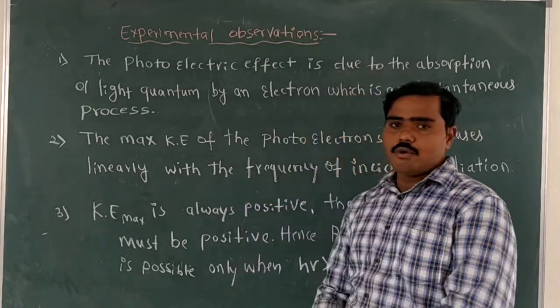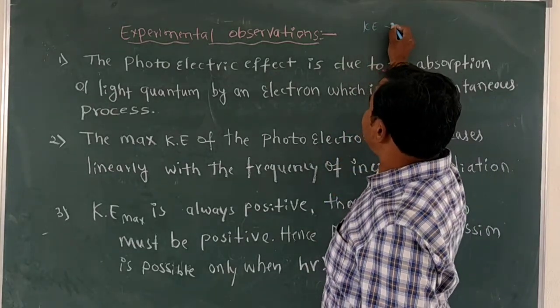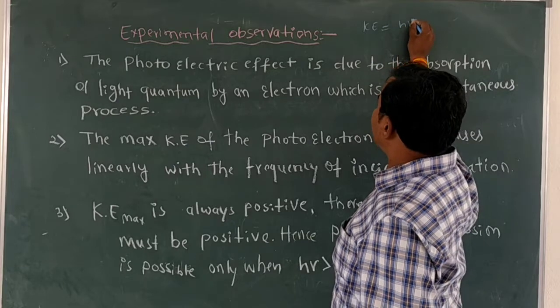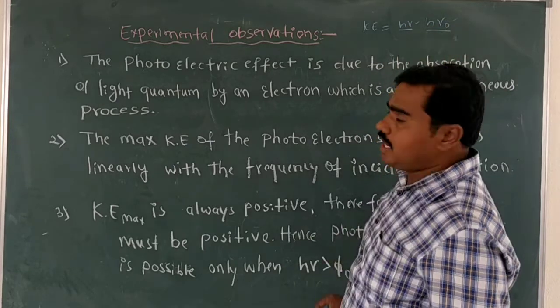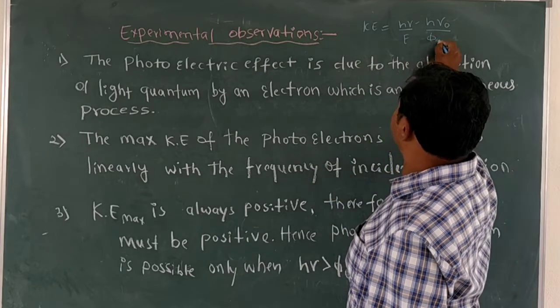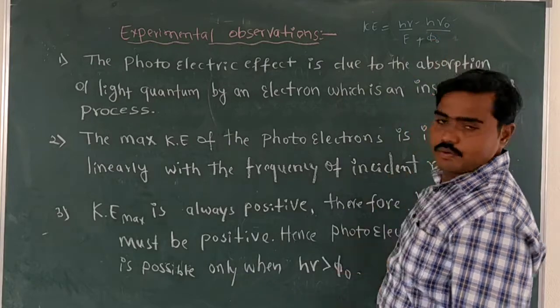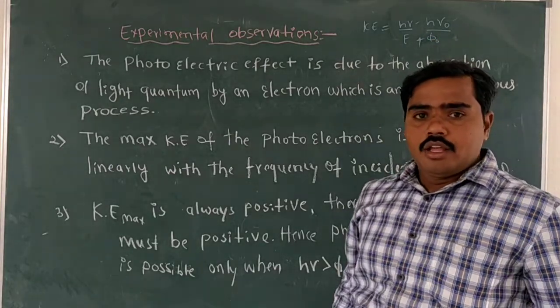Dear students, we already know the Einstein photoelectric equation: kinetic energy maximum is equal to h nu minus h nu naught. This is the photon energy and this one is the work function.